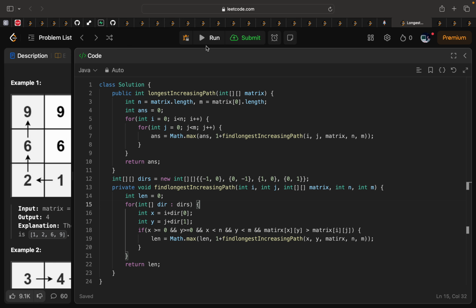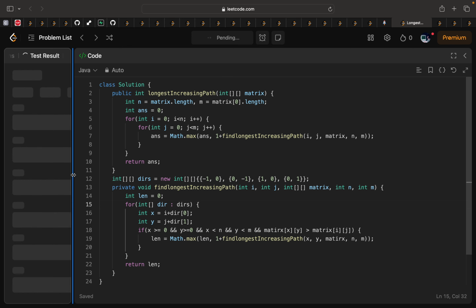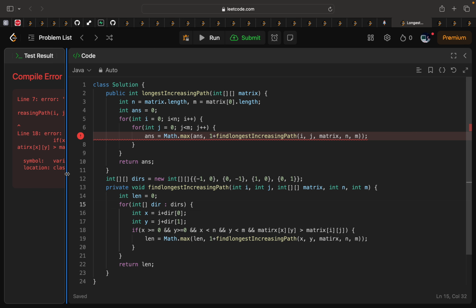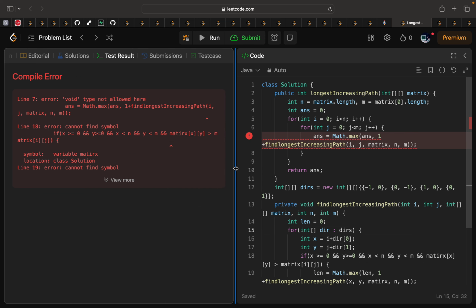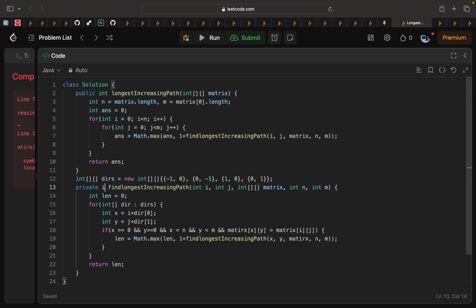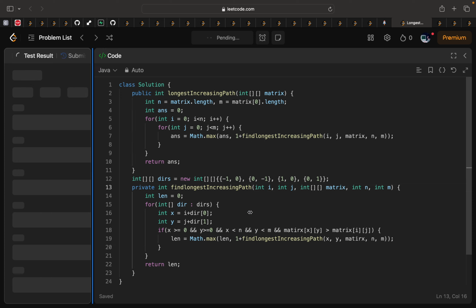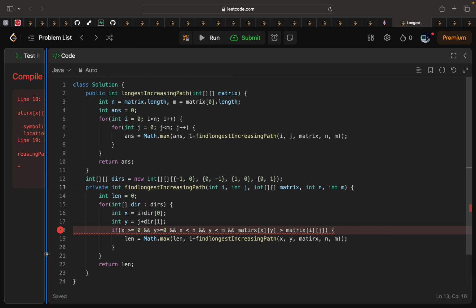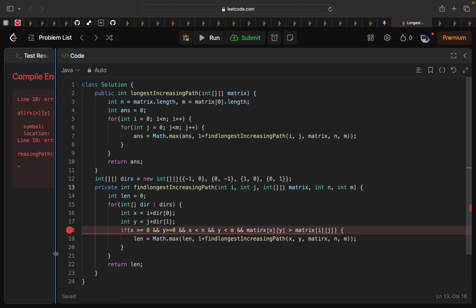Okay, let's run this, see if this brute force approach works. Okay, we are having some issue. Okay, our function is void type, we need to make it int type. Okay, we are having another issue.